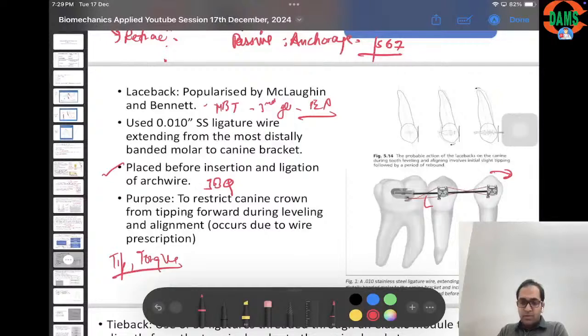It is not because of something we did wrong, it is because of the tip built into the pre-adjusted edgewise appliance or the bracket prescription. So this lace back is given to prevent this tipping forward during leveling and alignment, which is stage 1 of the treatment. Next, it is placed below the arch wire.